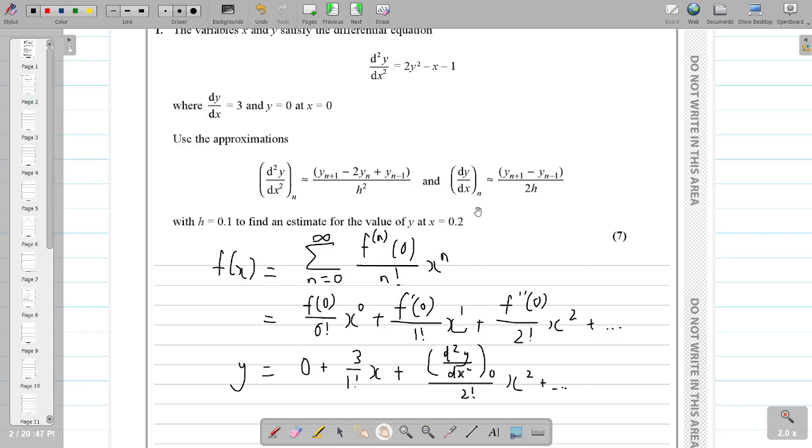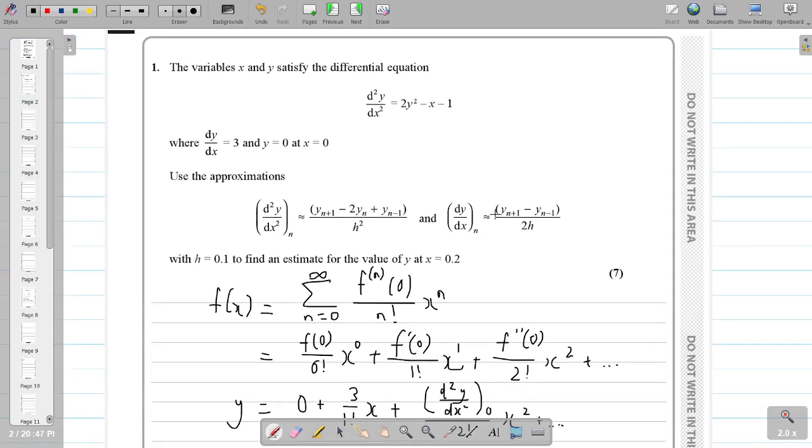So I'm assuming this is an approximation by a step function of some sort. Use the approximations this and this with h equals 0.1.